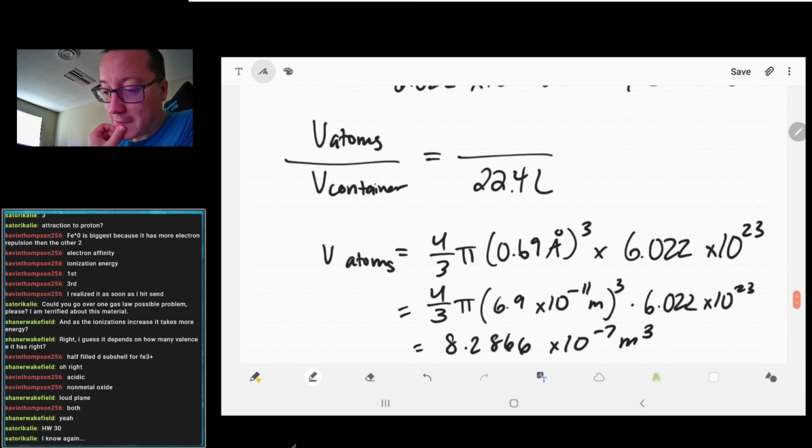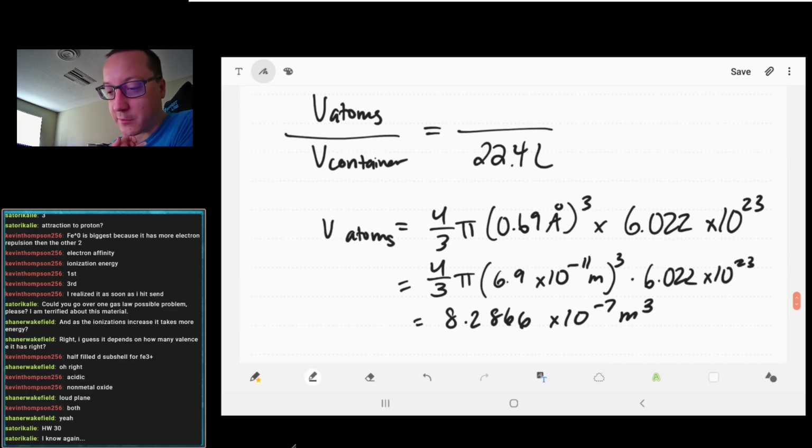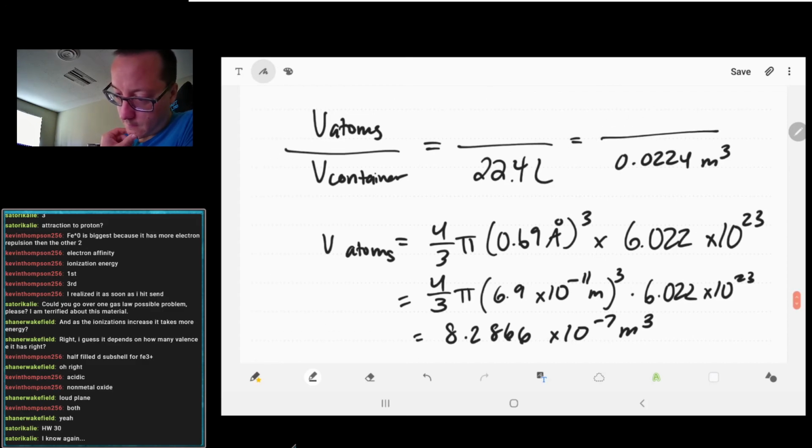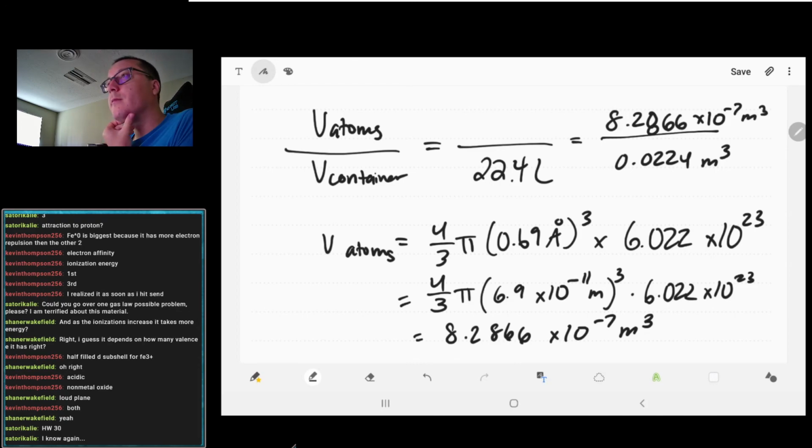So we're going to want to convert this to either liters or convert our liters into cubic meters. We can just do this one. Remember that 1,000 liters is 1 cubic meter. Doing this math, whatever it's going to end up being, gets us this really small number.